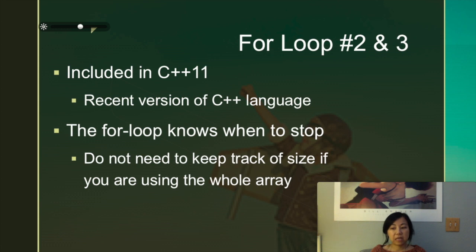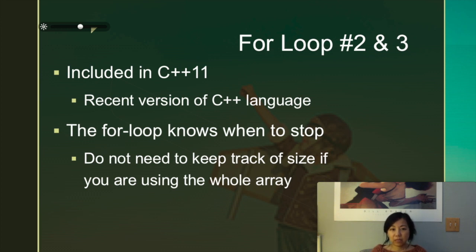So let's say there's only 30 numbers in your file, and you declare an array of size 50 to hold these 30 numbers, because before you started reading the file, you didn't know, and you have to declare an array of a certain size. You cannot actually decide at compile time.